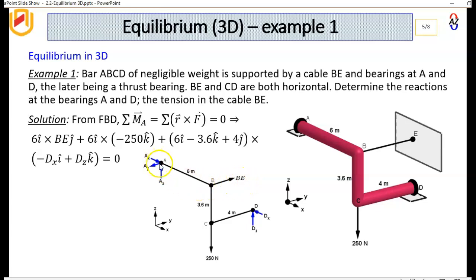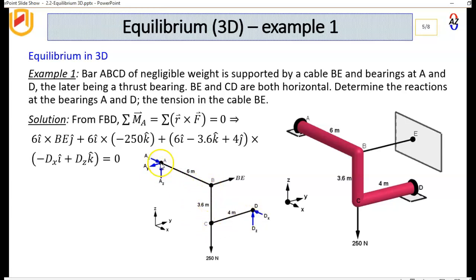Its moment arm is the 6 in the x direction, so we're going to call it 6i. So it's 6i cross BE j. Then we come to the 250. The moment arm is still 6i, and the line of action is right here, so cross minus 250k, because the 250 is going opposite to the Z. Then we take the moment arm from A like so.